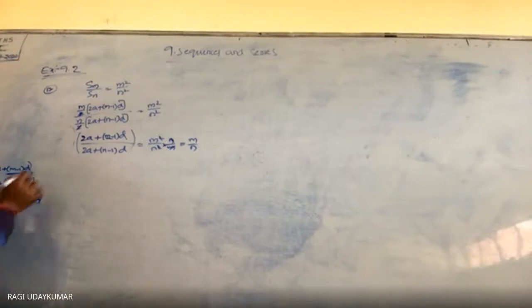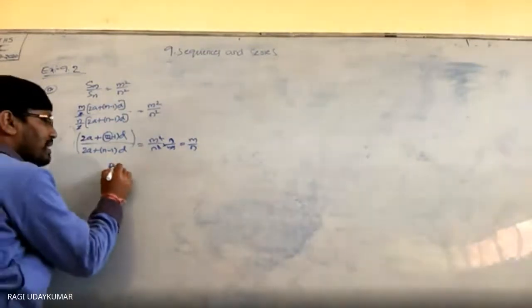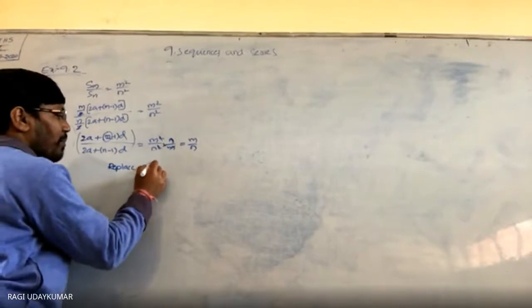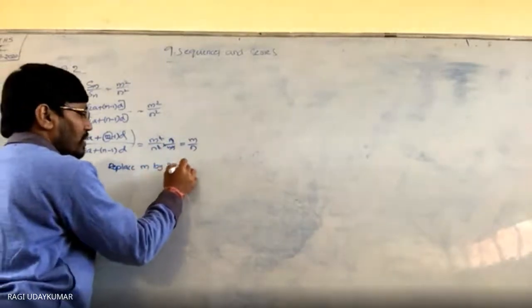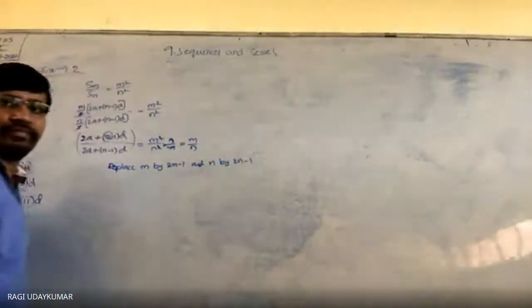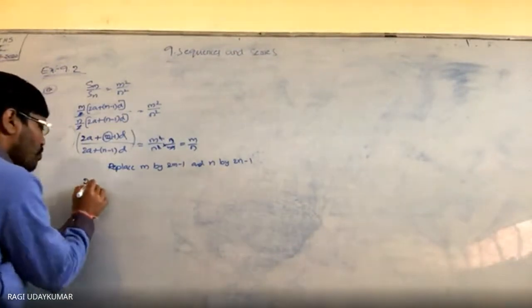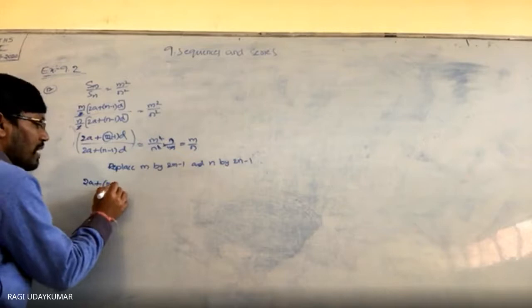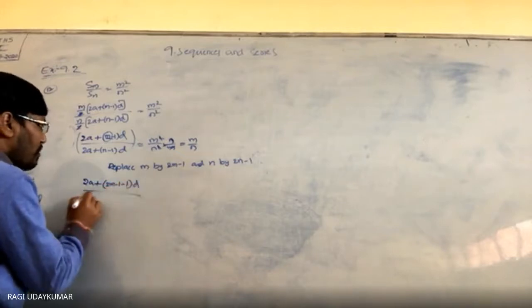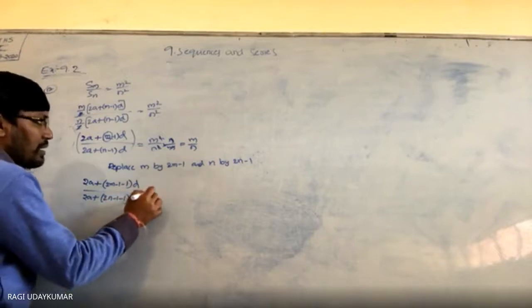So in place of n, if you write 2n minus 1, replace the m by 2m minus 1 and n by 2n minus 1. Replace that. So now what do you get here? 2a plus 2m minus 1 into d by 2a plus 2n minus 1 into d.